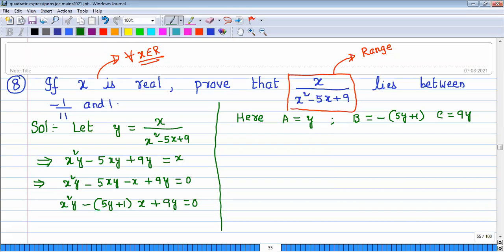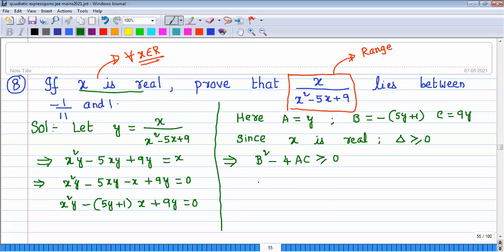So here x is real. Since x is real, the discriminant delta is greater than or equal to 0. So we know that delta stands for b square minus 4ac, greater than or equal to 0.